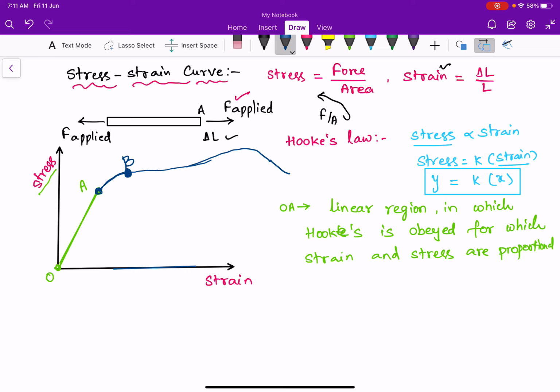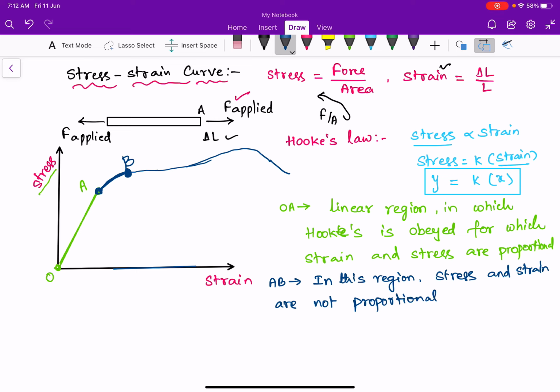But in between A and B, the graph is not linear. In this region, stress and strain are not proportional.